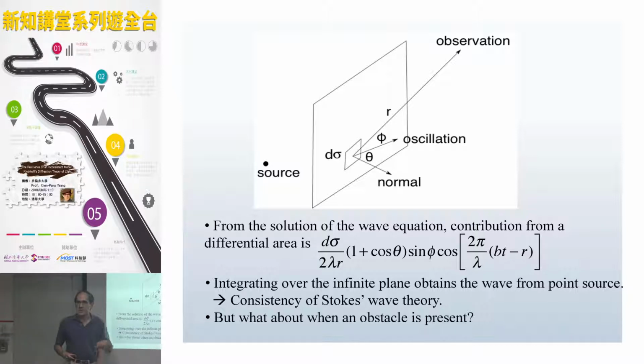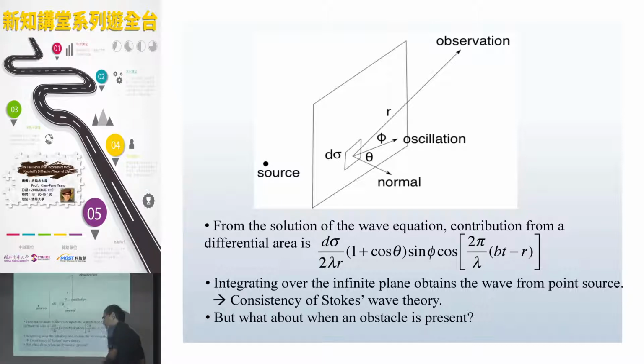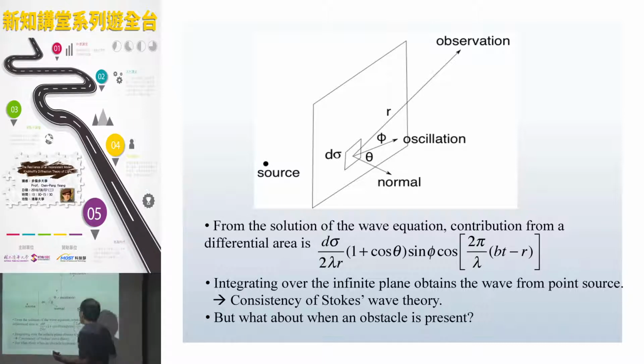So considering the form of the solution in Stokes' equations, Stokes argued that the intensity of light at this point of observation can be expressed as the integral of contributions from all these different differential volumes, and the contribution from each differential volume, d sigma, is in this form.